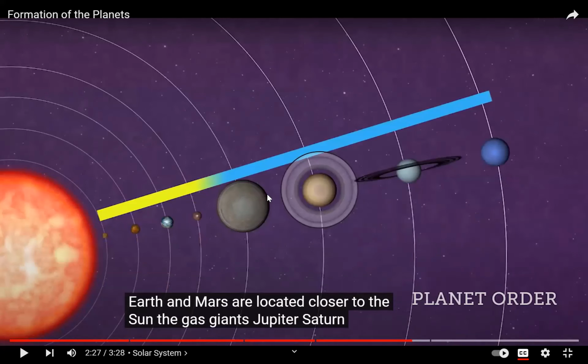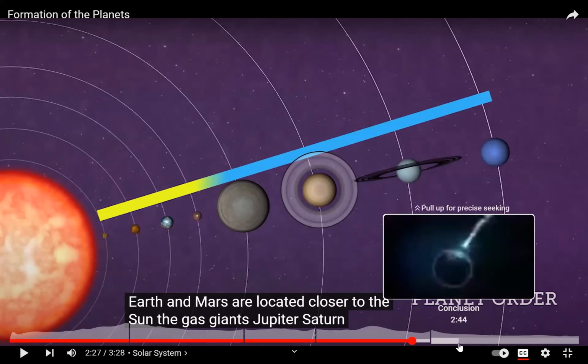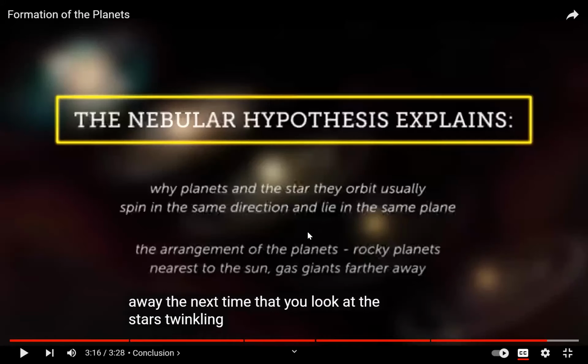They say because of the solar flares, they blew these light gaseous planets further away from the Sun, and the rocky planets actually stayed closer. And this was the summary of it. They orbit in the same direction and in the same plane, and the gas giants are further away. Okay, anyone has any questions?